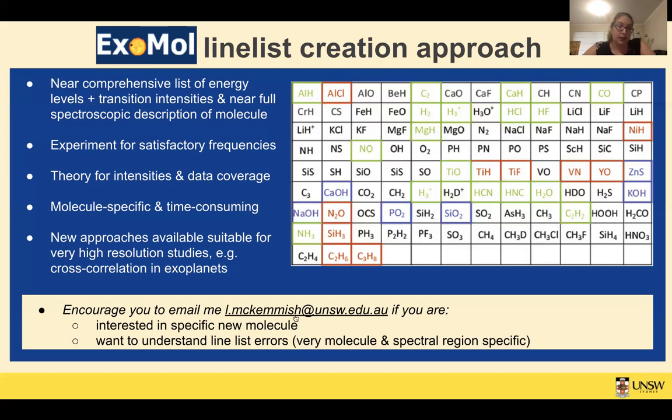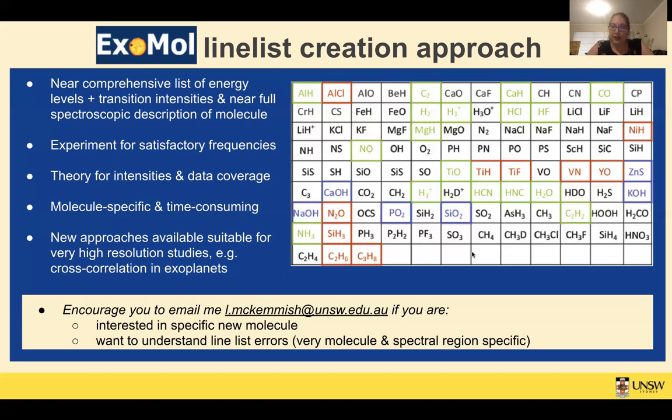The other reason you might want to contact me is to understand the errors. Obviously there's lots of things that go on when you're constructing these line lists, and I'm very familiar with all the different things that go on and the approximations that are taking place here.